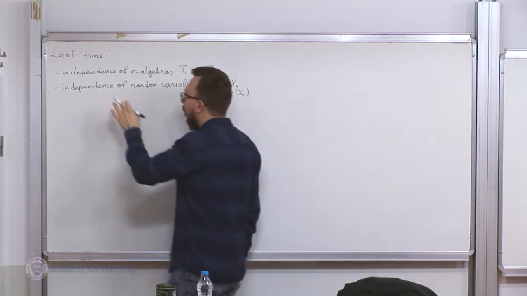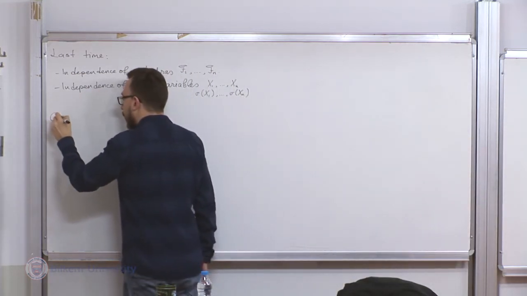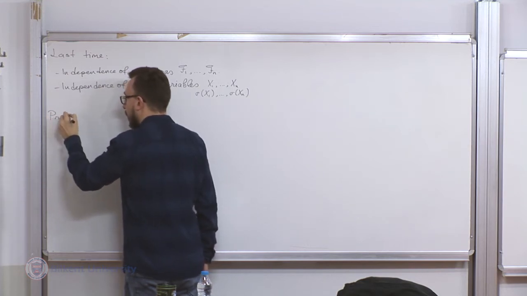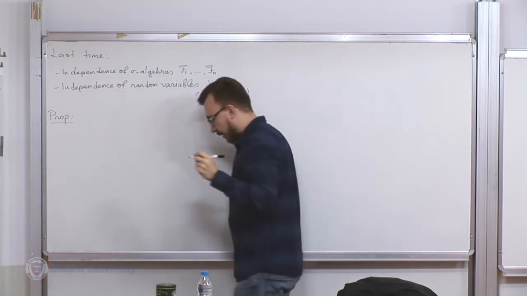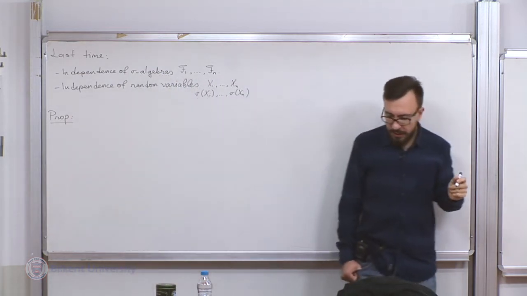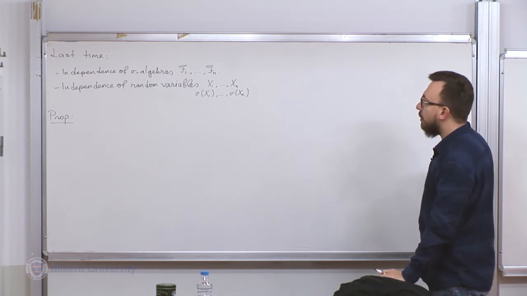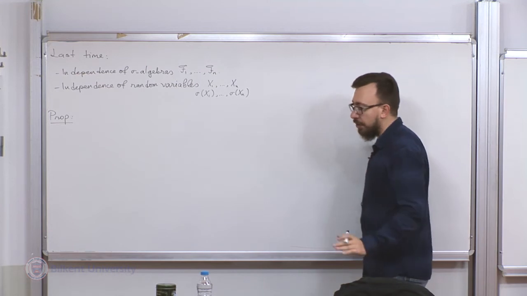Today I'd like to state a corollary, or let's say also a proposition. There are some parts that one needs to prove, but I'm going to state it without proof because the ideas in the proof are similar to the ones that we used before.